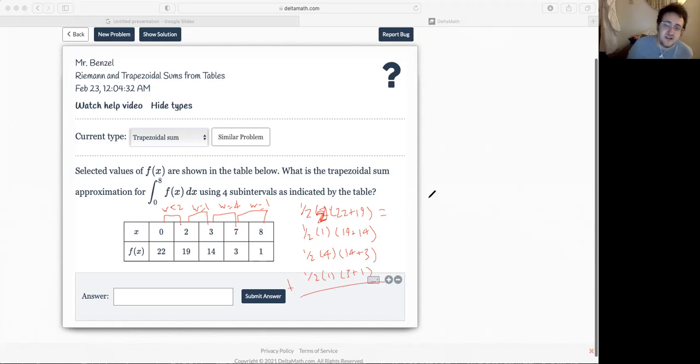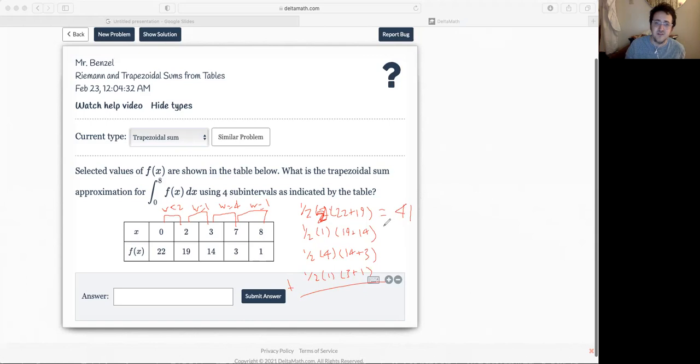So what people like to do is do it one at a time for these trapezoids. So let's see, 1/2 of 2 is just 1. And I got 22 plus 19. So that's going to be 41 for the first trapezoid. Then I have 19 plus 14.